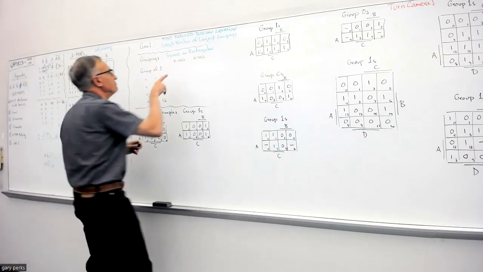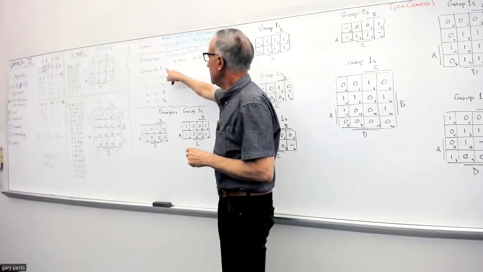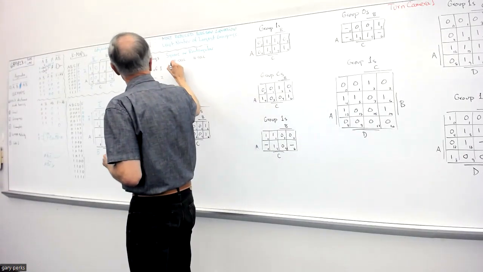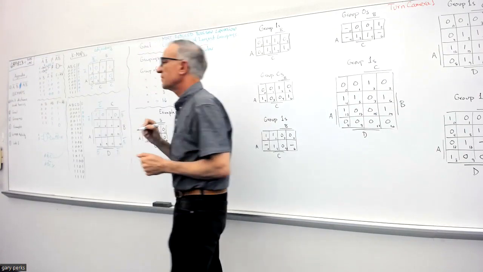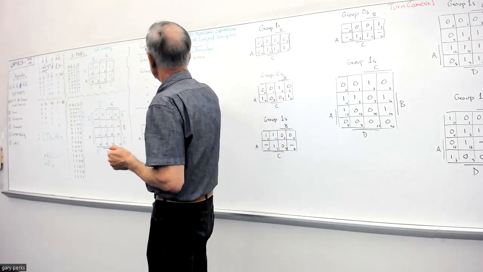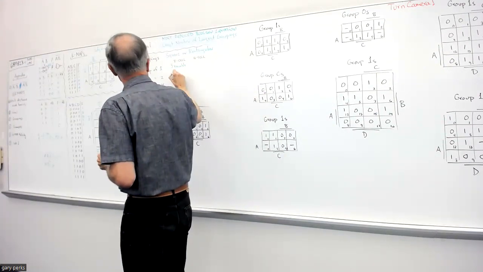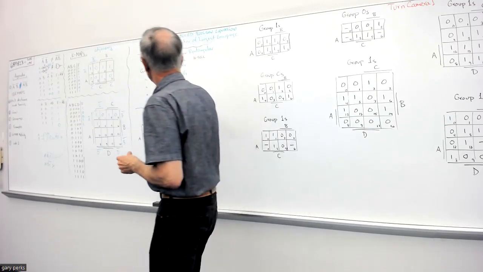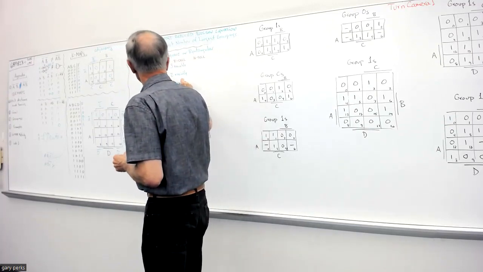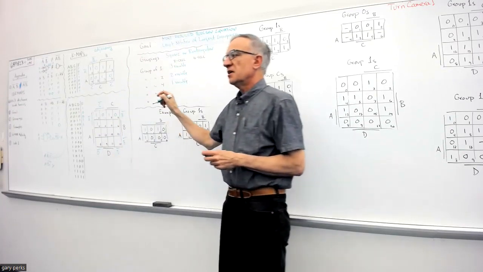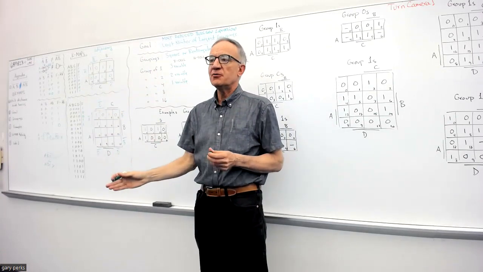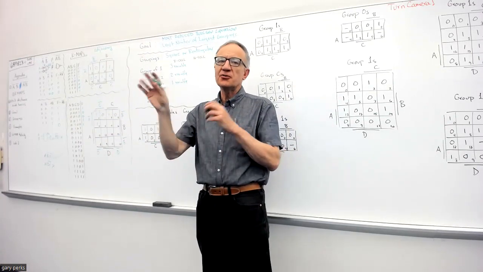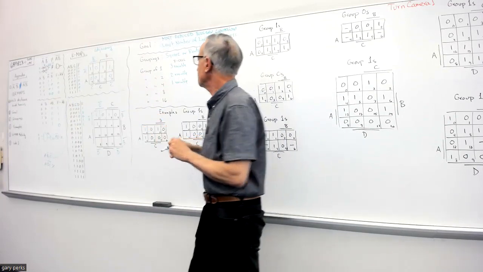Okay. If you have an 8 cell and you have a grouping of 1, that's going to give you a 3 variable term. If you have an 8 cell and you have a 2 grouping, that's going to give you a 2 variable term. 8 cell 4 grouping will give you a 1 variable term. If you have an 8 cell and you have a grouping of 8, meaning that all the outputs are equal to 1 or all the outputs are equal to 0, because you can group either 1s or 0s, and we're going to do examples of both.